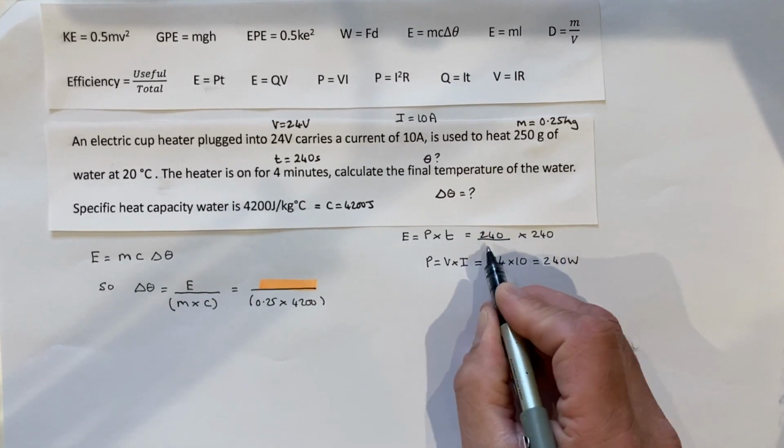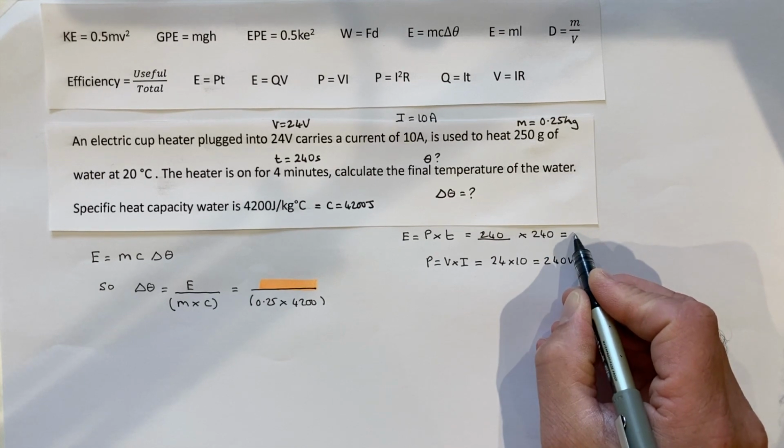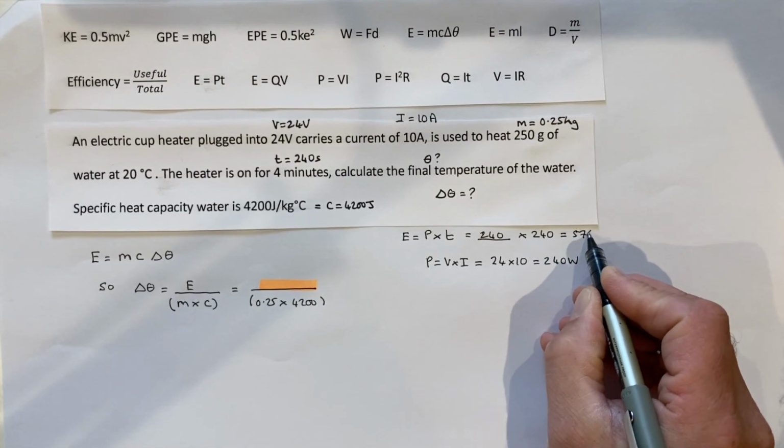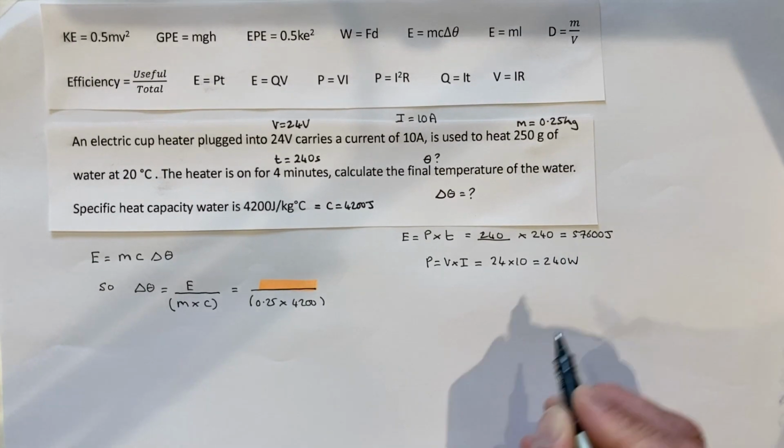So we've got 240 times 240, and that is equal to 57,600 joules.